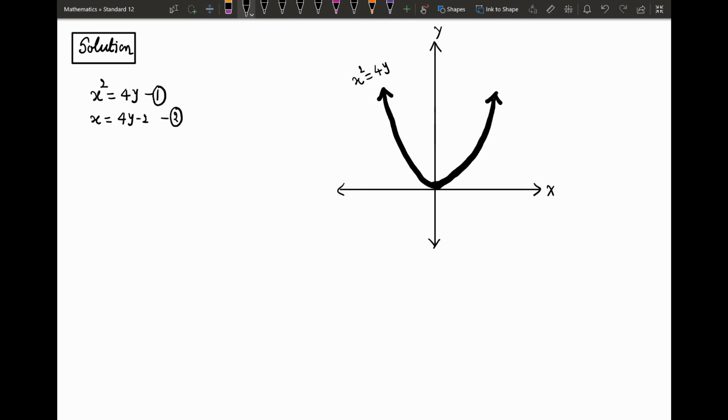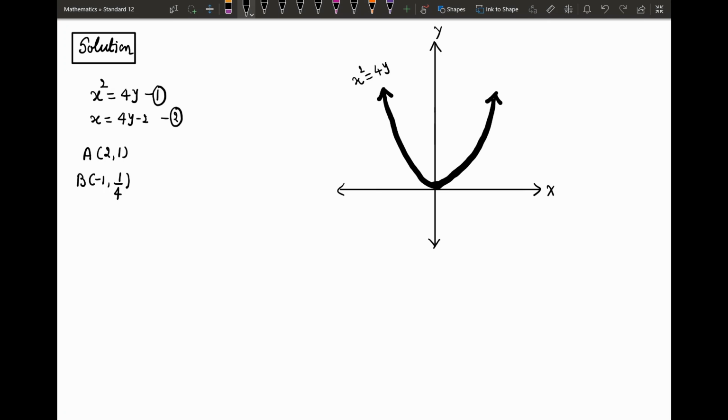So solving 1 and 2, we get the coordinates of the points of intersection A (2, 1) and B (-1, 1/4). You can easily evaluate the coordinates of the points of intersection of curves 1 and 2 by solving equations 1 and 2.